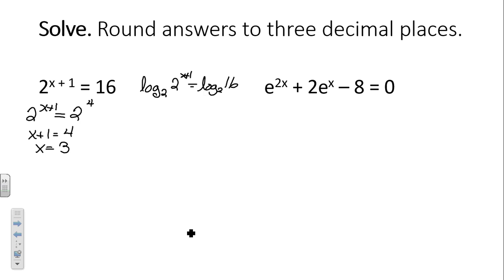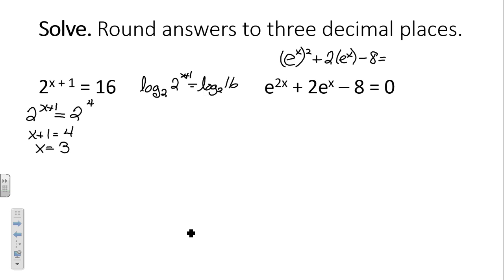That one looks interesting. Now we've got 2 exponents with x. It is like factoring. I'm glad you noticed. Okay? Because this is e to the x squared plus 2 of these e to the x's minus 8.